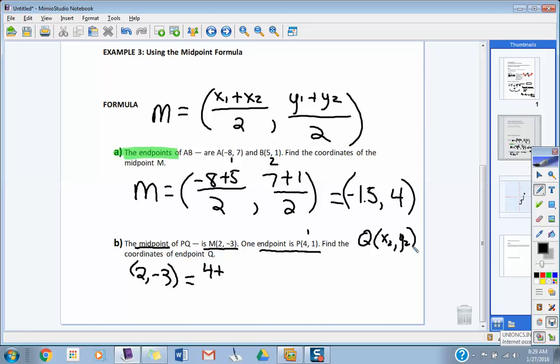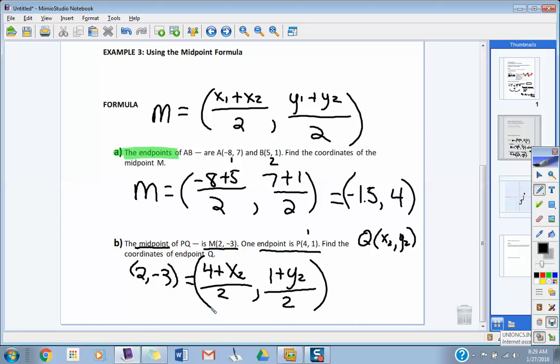So I'm going to say that this midpoint is 4 plus x2, and then divided by what by formula? 2, comma, let's do the y values. What's the y value of the first endpoint, kids? What's y1? 1 plus y2 all over 2. We're left to find x2 and y2.